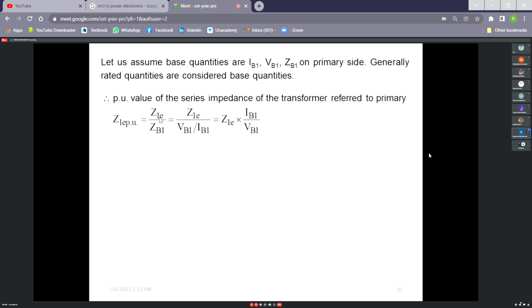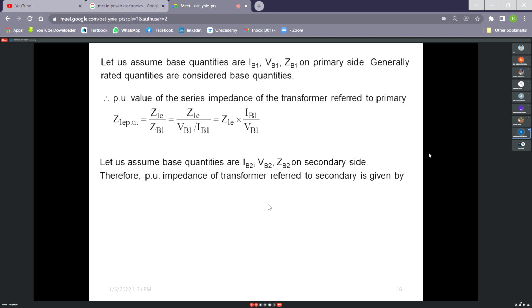So the per unit value of the series impedance referred to primary, if we want to calculate, then obviously we shall divide it by the base impedance of the primary side, ZB1, that is VB1 by IB1.